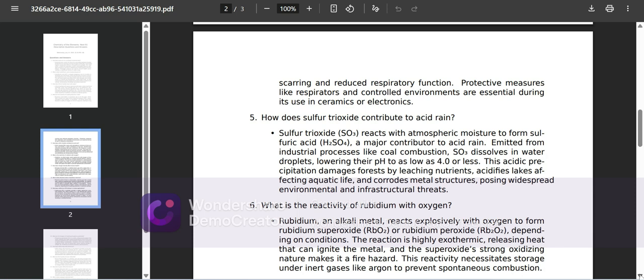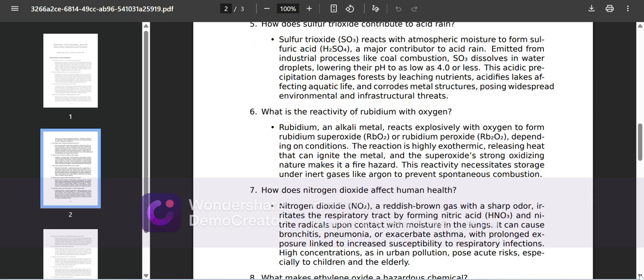SO3 dissolves in water droplets, lowering their pH to 4 or less. This acidic precipitation damages forests by leaching nutrients, acidifies lakes, affecting aquatic life, and corrodes metal structures, posing widespread environmental and infrastructure threats.